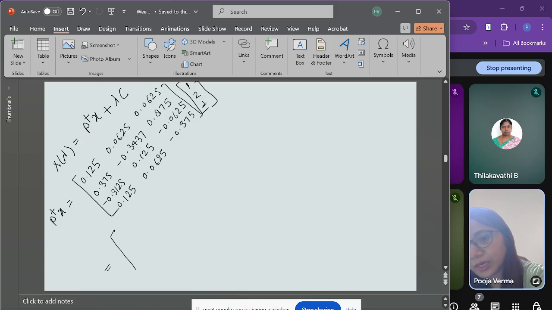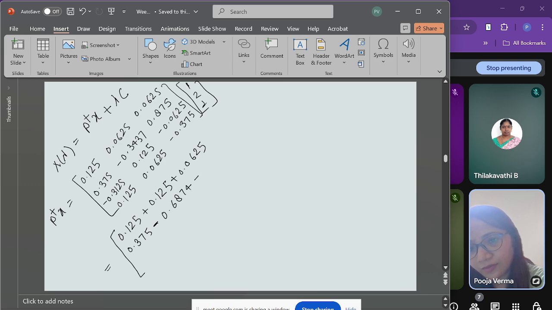It is a simple multiplication of these two matrices. There is only one column, so there will be a one column matrix. It is addition and multiplication: 0.125 into 1 and 0.0625 into 2, so again you will get 0.125. Similarly here, 0.0625, then 0.375 minus 0.6874 plus 0.875.